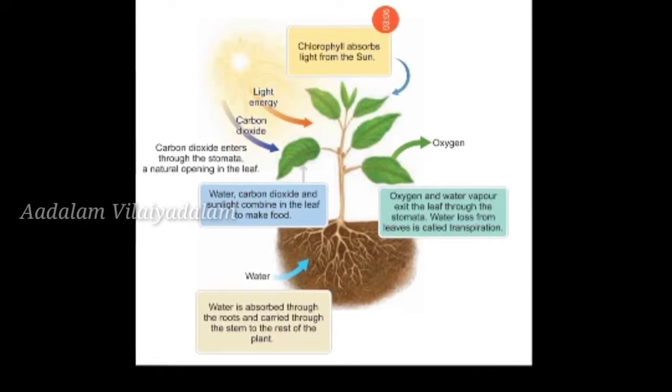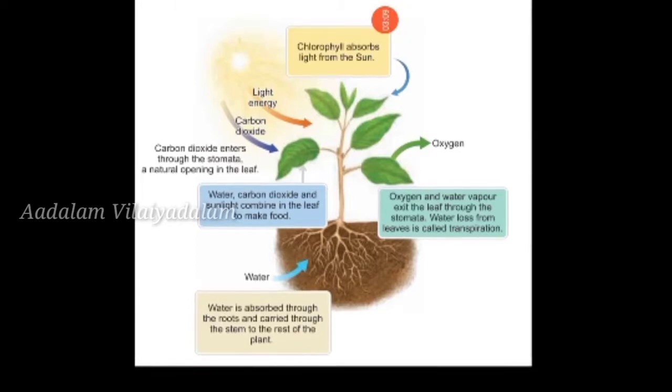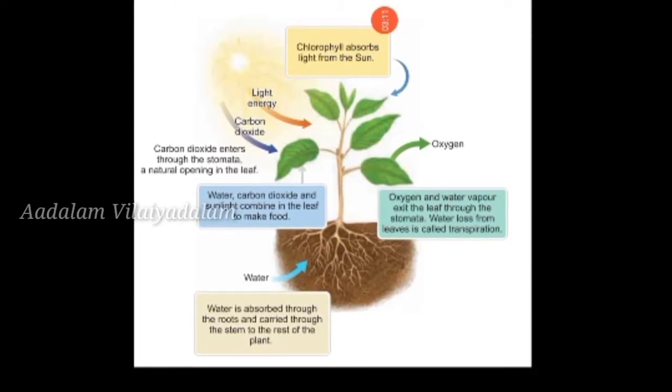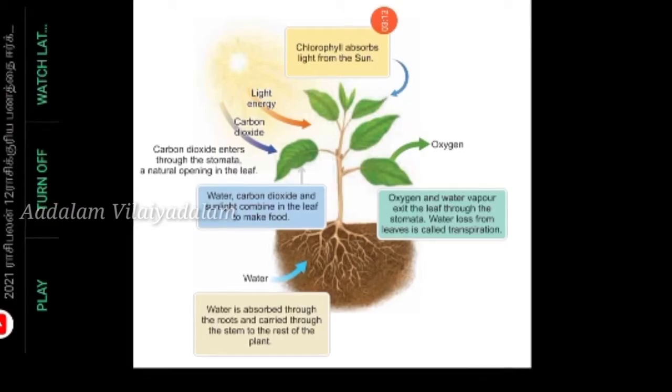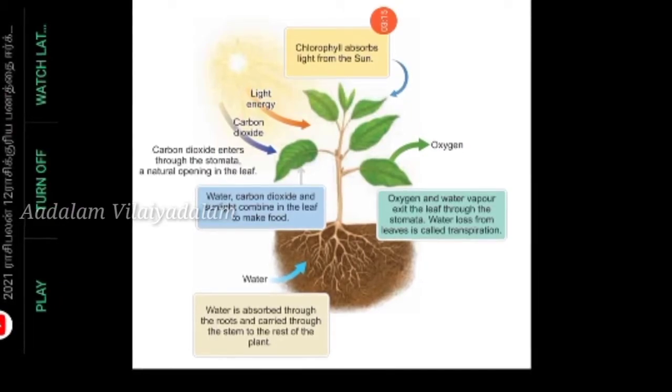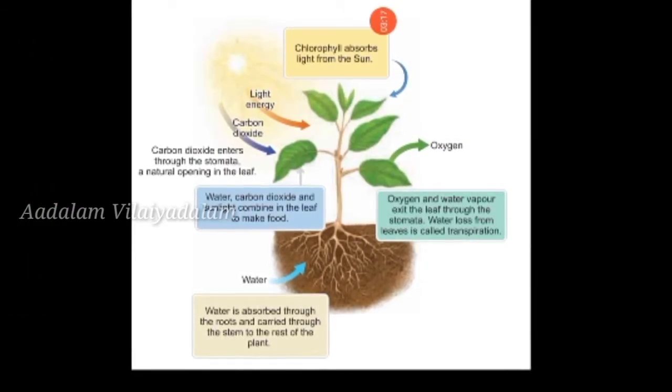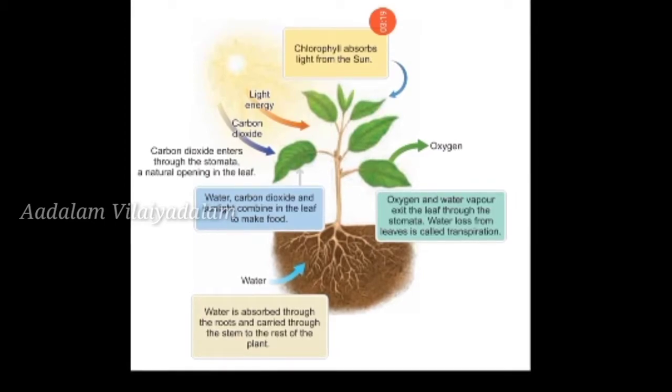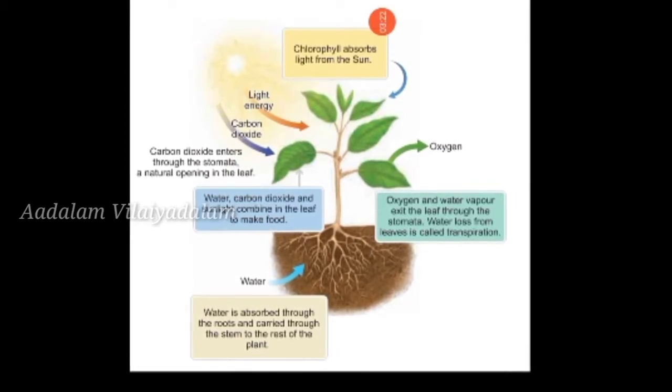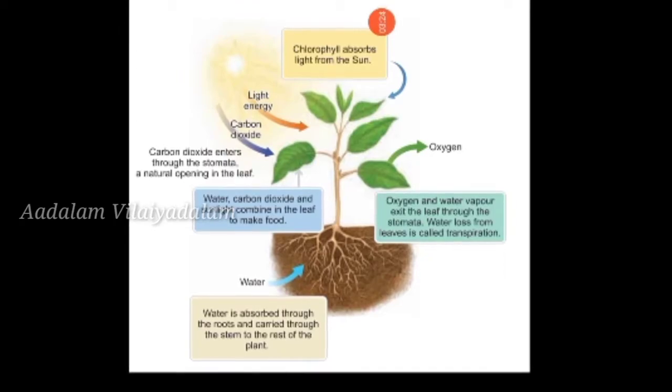Next, carbon dioxide enters through the stomata, a natural opening in the leaf. Next, chlorophyll absorbs the light from the sun. So water, carbon dioxide and sunlight combine in the leaf to make food and oxygen.